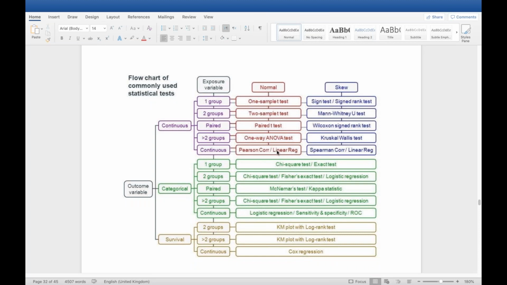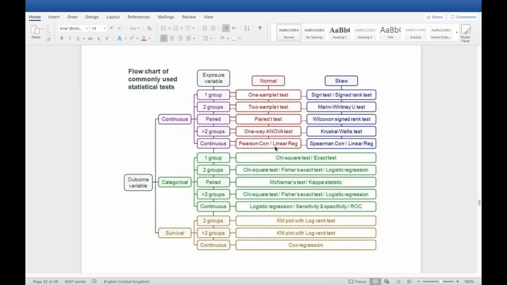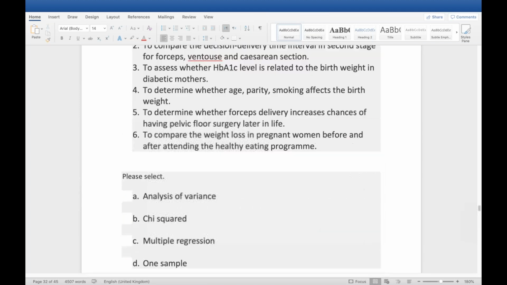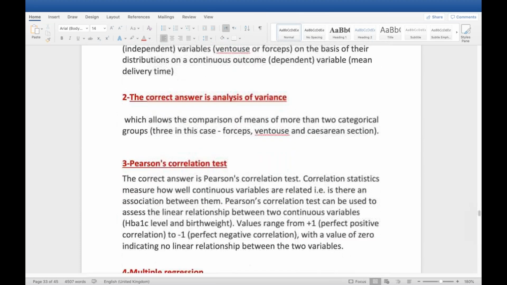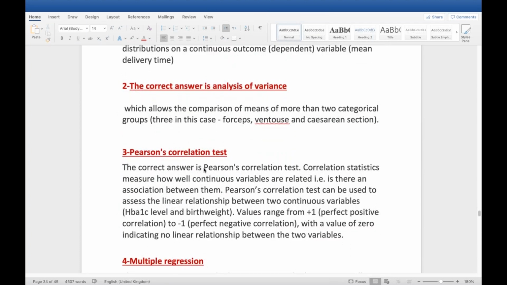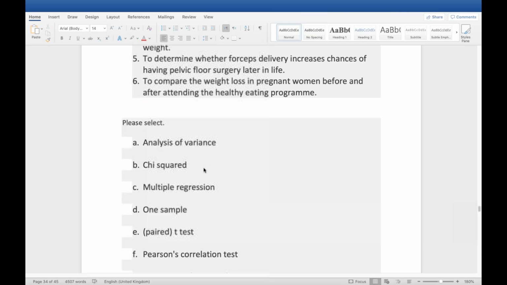Number to number, there are usually curves or lines, so it will be correlation or regression. So when you have a look at the answers here, you'll find this Pearson correlation test. So numbers to numbers are correlations. And the other problem I told you about is they have other names, which is confusing.